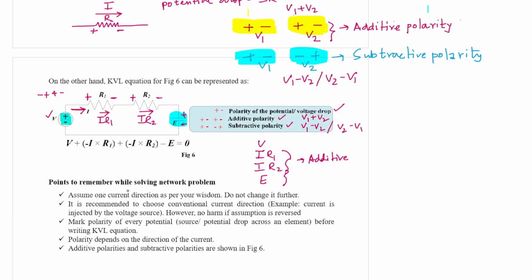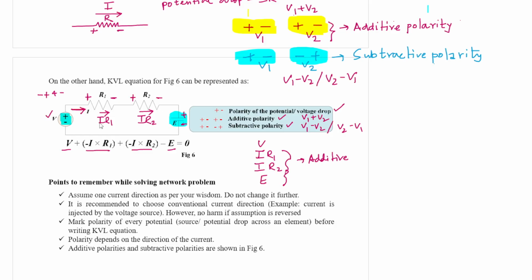That is why we have written this equation as V plus, IR1 with a minus because it is subtractive polarity. For the same reason IR2 has a minus sign, and the battery voltage has minus E.